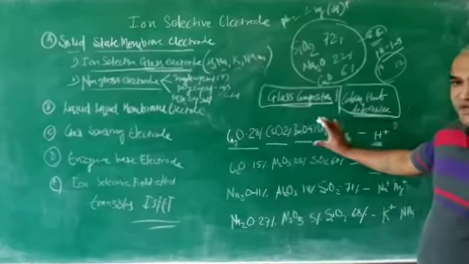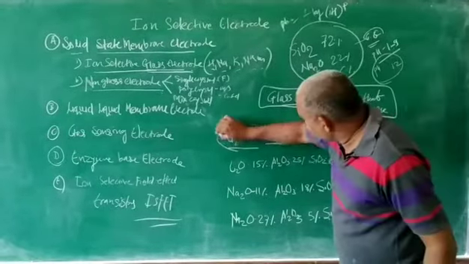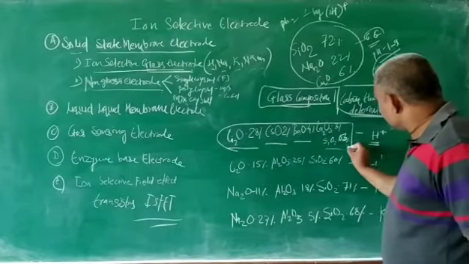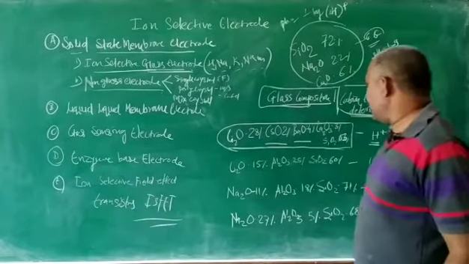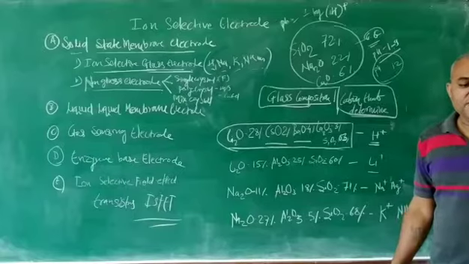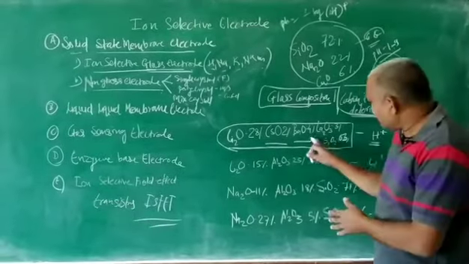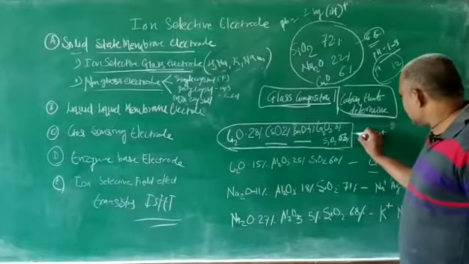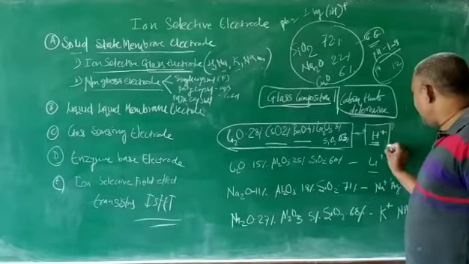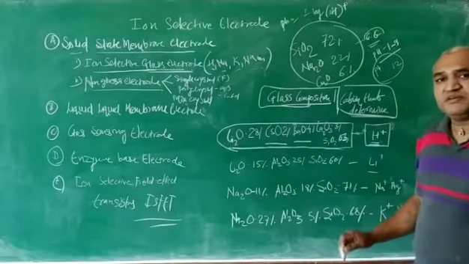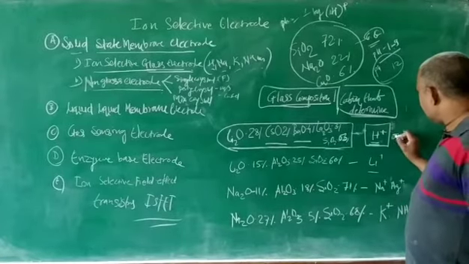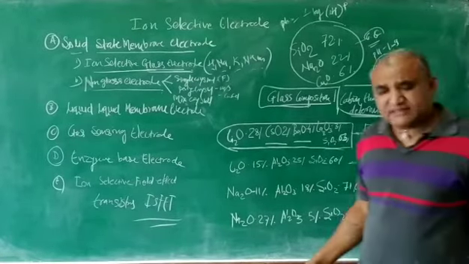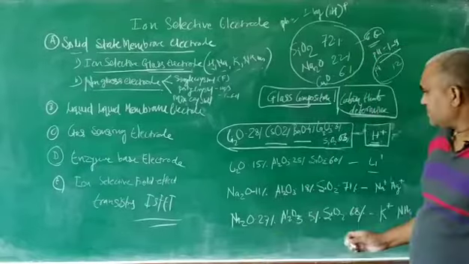The glass made up of this composition is for hydronium ion and for lithium ion. So with this composition, the glass selects only the activity of hydronium ion concentration. This glass doesn't check the other ion concentration.